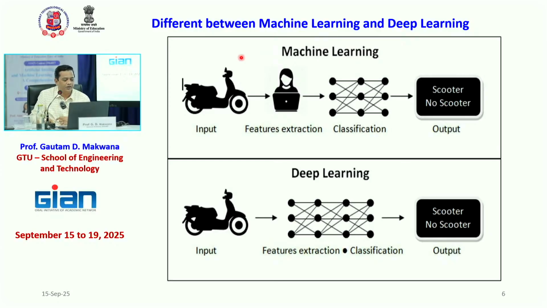This is the machine learning point of view, and this is the deep learning point of view. In machine learning, there are four parts: input, feature extraction, classification, and output, for example whether the input is a scooter or not a scooter. In machine learning, the feature extraction is done manually and the data set is small. In deep learning, the data set is large, and the feature extraction is done by the computer, by programs.